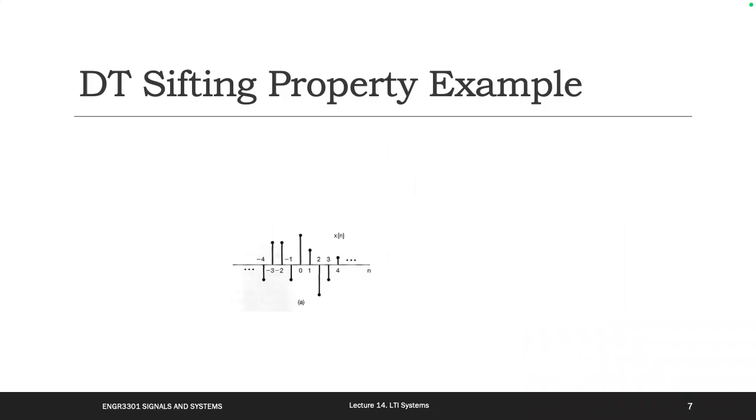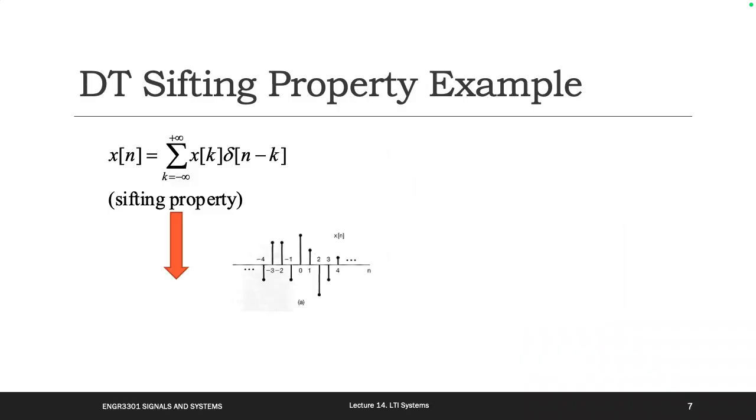Let's talk about the DT safety property, like an example. For example, this one, and you can see this is xn. We have the other xn, and for this here is -1, so here is -2, which means you can write this equation as x -2 multiple delta n plus 2.